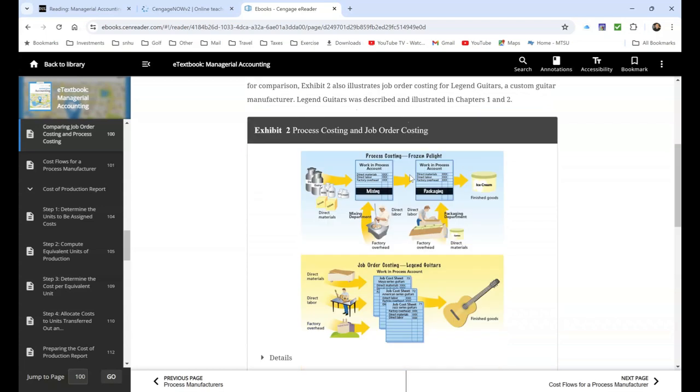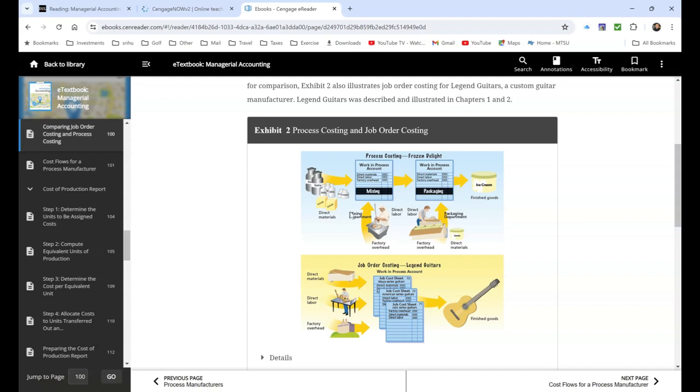And so, if you look, you can see the process costing and job order costing. Process costing, we have these direct materials for the ice cream: dairy, milk, and cream, sugar. Okay, and we go to the mixing department and we apply factory overhead here. And so all of this overhead gets allocated to this.